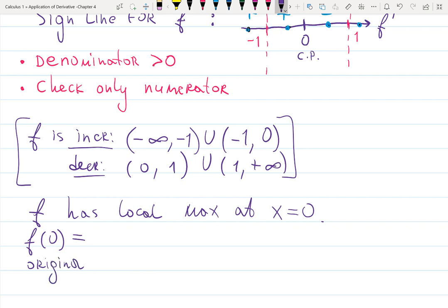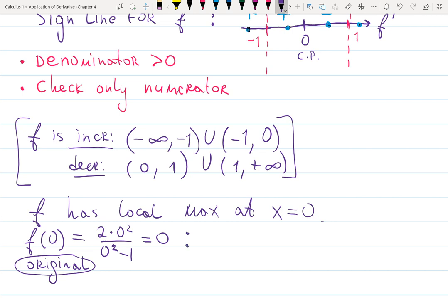Plug into the original function to have the output. Why do we need that? To have a couple, x equals 0, y equals what? Well, the original function is 2 times 0 squared, 0 squared, minus 1, that's 0. And we know that at 0 the function is 0. We found x and y intercepts.